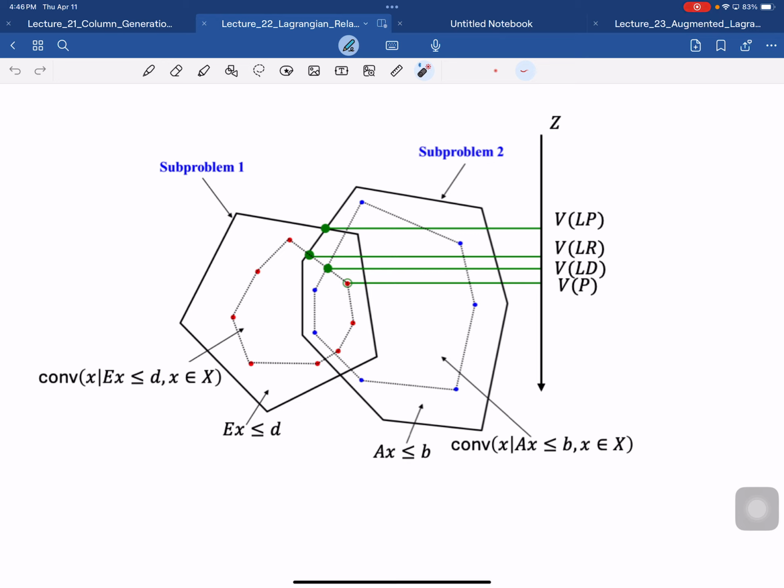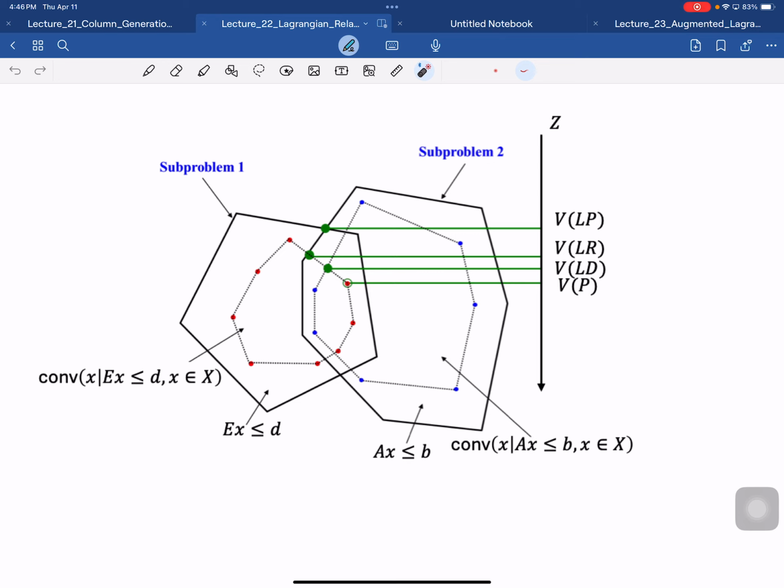The two big polyhedral sets intersected here. So of course the LP relaxation is the weakest relaxation, right? And the Lagrangian relaxation gives you the convex hull of the points in this region intersected with the linear constraints that you dualize. So the Lagrangian relaxation will be obtained at this point here.